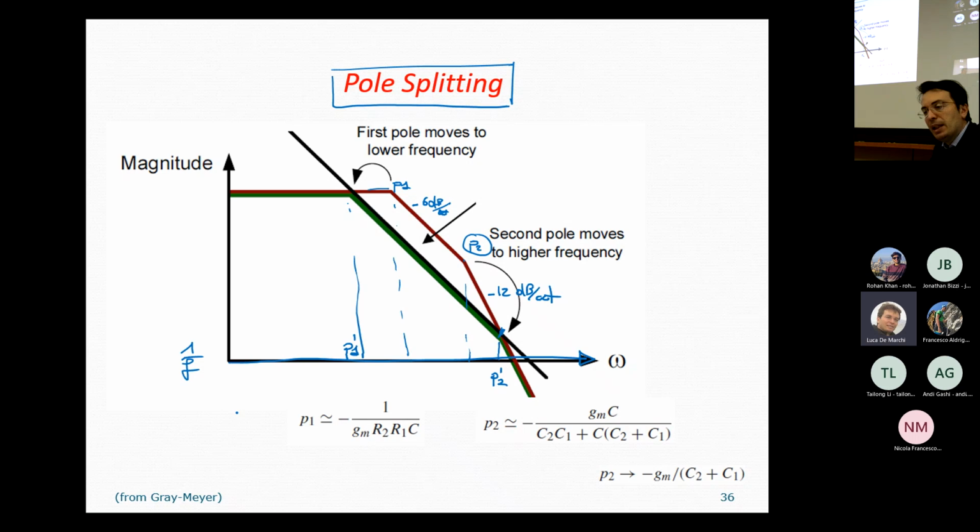The minimum value is VSS plus the overdrive of this transistor. This transistor is transistor 7, so overdrive of transistor 7. So basically, this is transistor 5, this is transistor 1, this is transistor 2, this is transistor 3, and this is transistor 4.